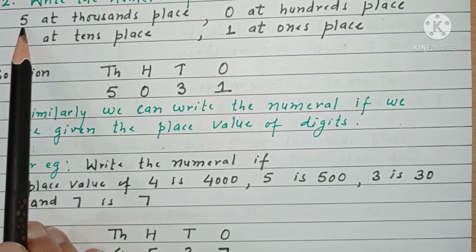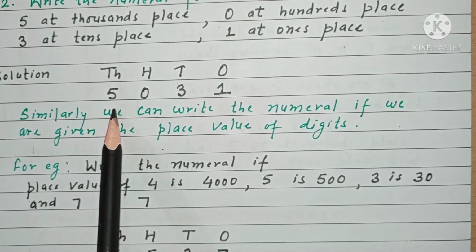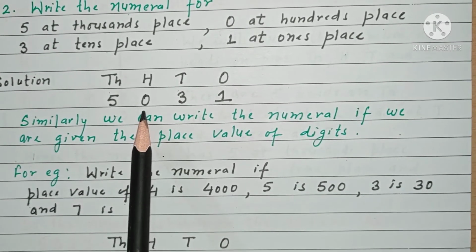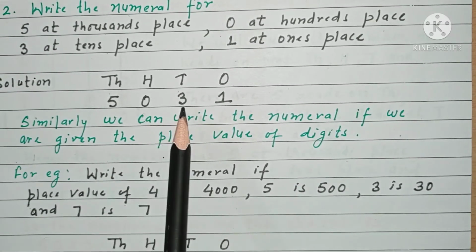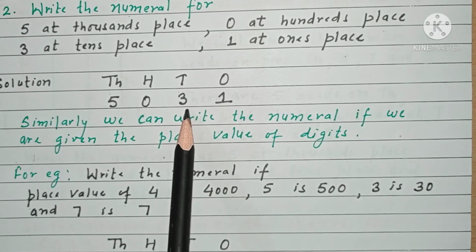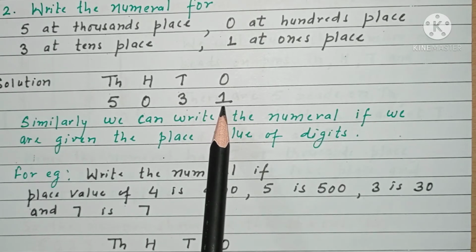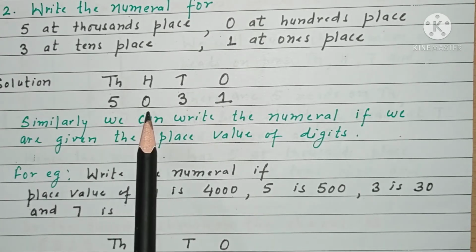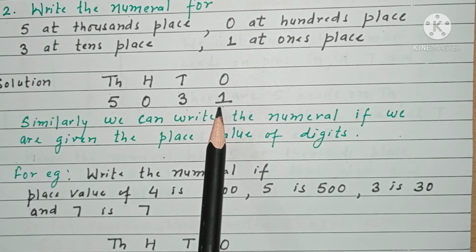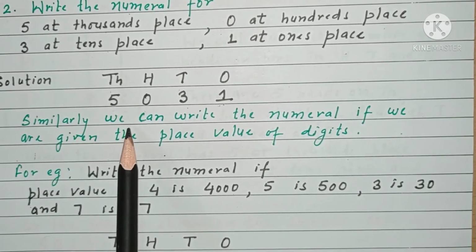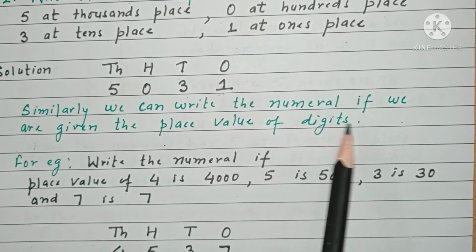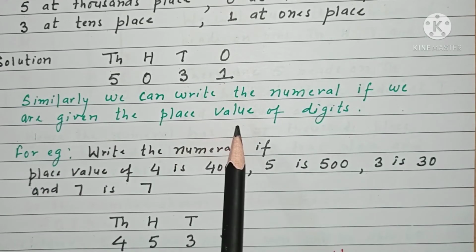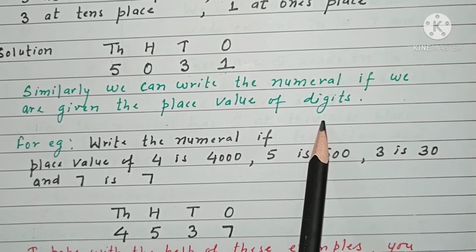So at thousands place we have 5, at hundreds place we have 0, at tens place we have 3 and we have 1 at ones place. So the number is 5031.